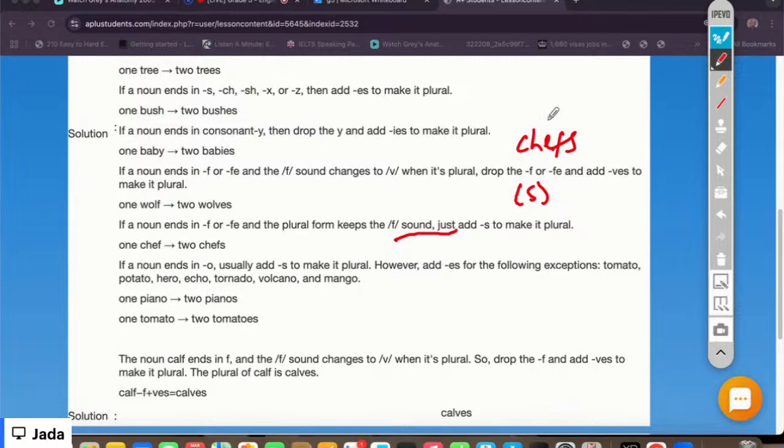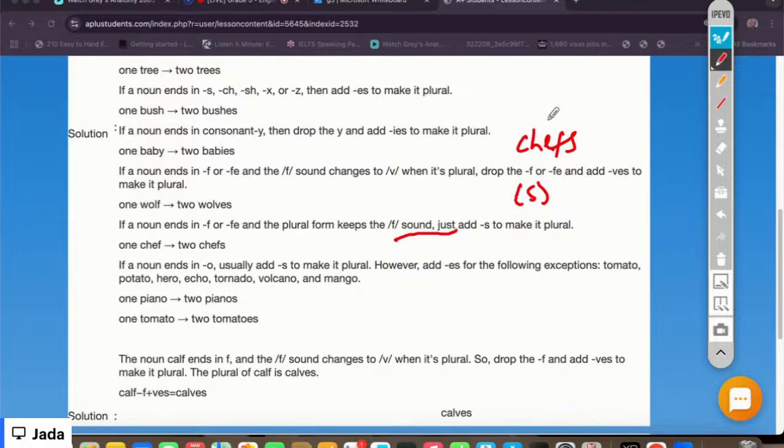Do you know some of these words? So we just have chef and it becomes chefs.